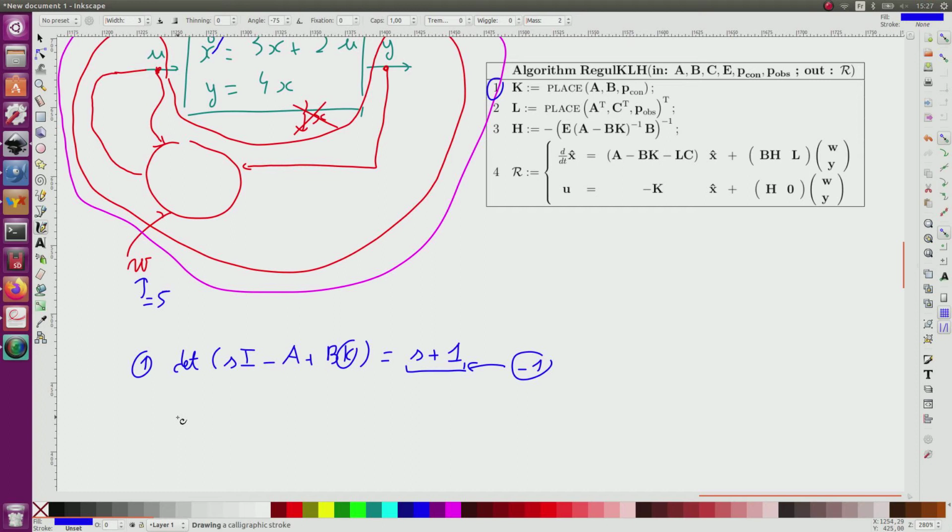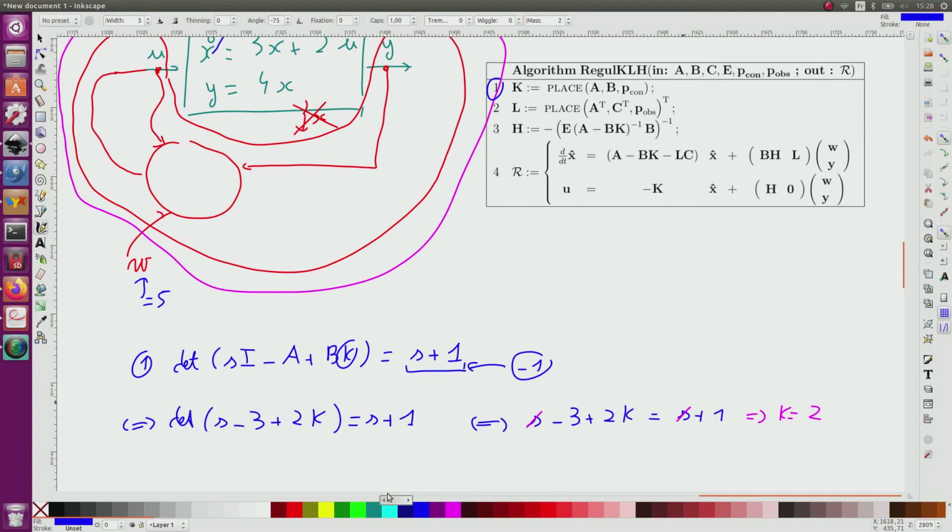So here it is scalar, so it will be s minus 3 because A equal to 3, plus 2K because B is equal to 2, should be equal to s plus 1. The determinant of a scalar is itself. This is why I want to solve s minus 3 plus 2K equal s plus 1. I have a simplification by s, and I obtain K equal to 2.